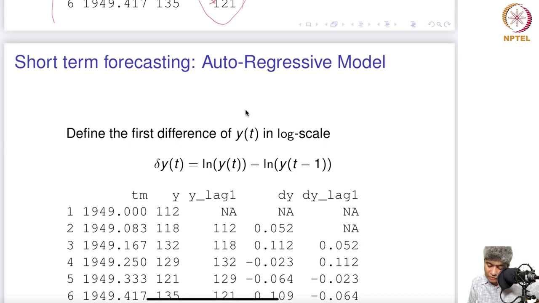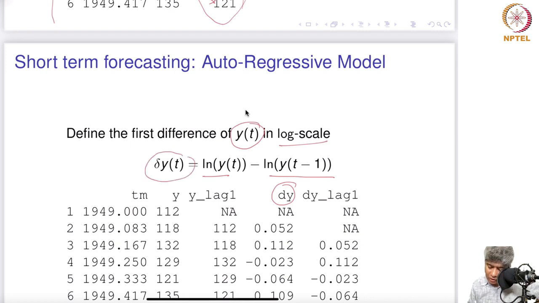So define the first difference of the yt in log scale as log yt minus log of yt minus 1, because log yt we found that in the long run forecasting was very good. So dy is essentially this.